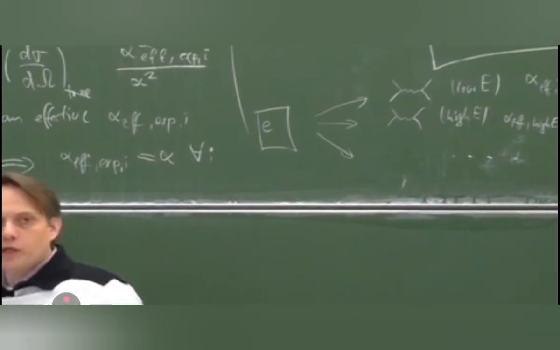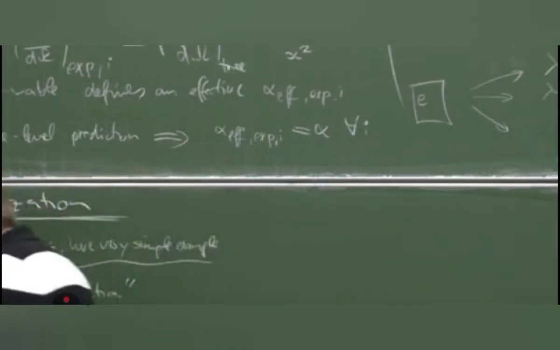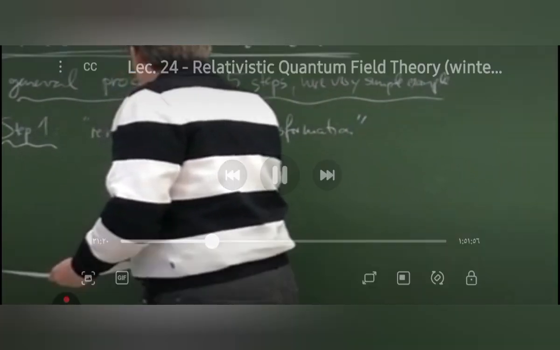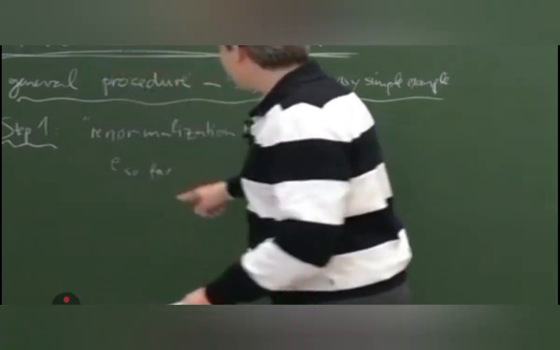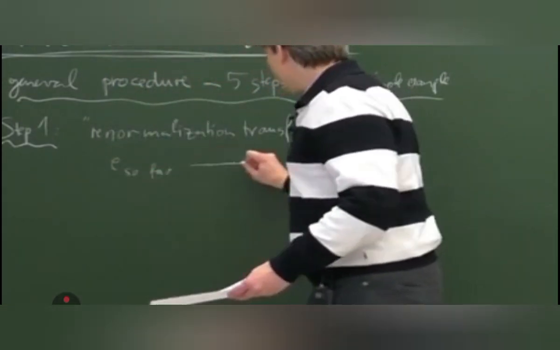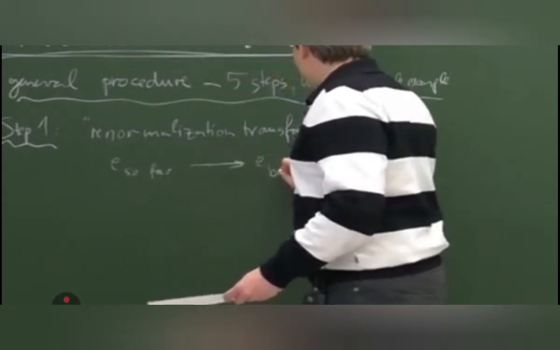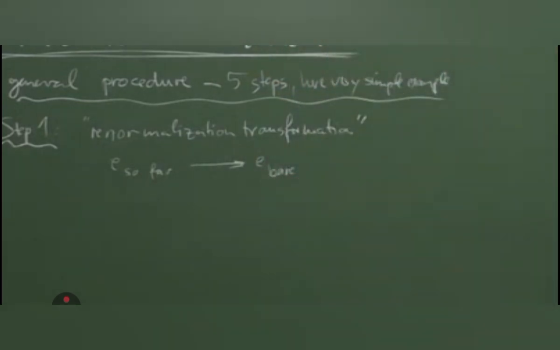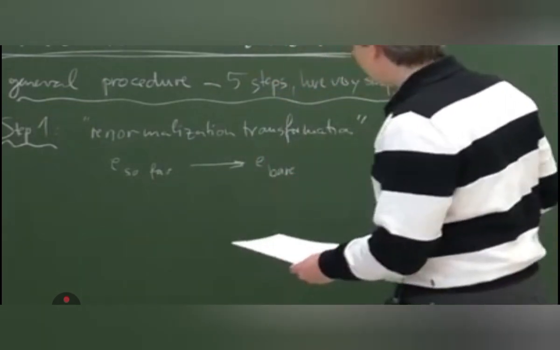And we have already introduced the name bare quantities for such unphysical objects, and so let us now make this more explicit by relabeling it. So the E so far will now be called E bare, with an index bare to make explicit that we are talking about a bare charge.